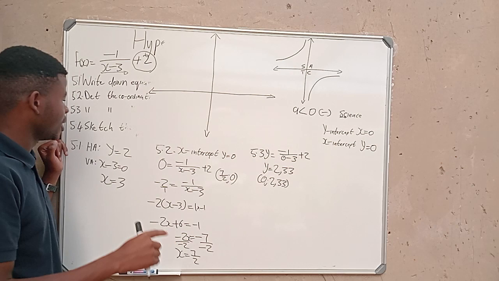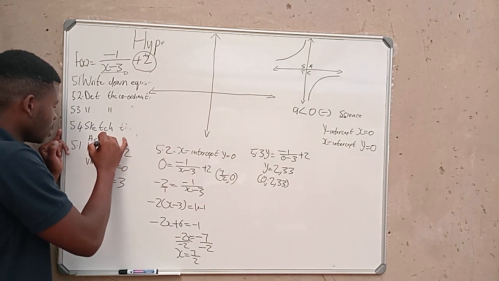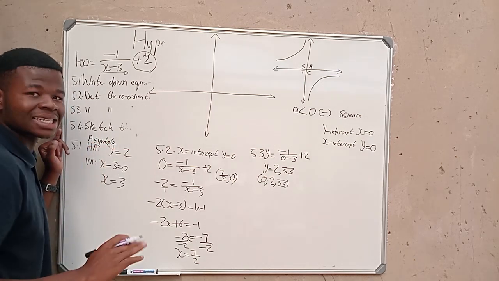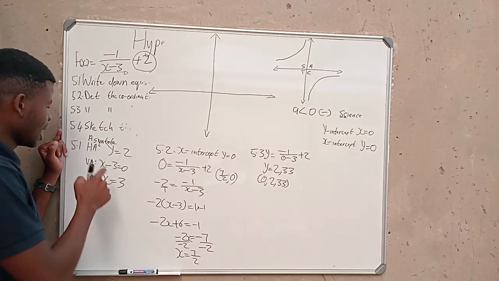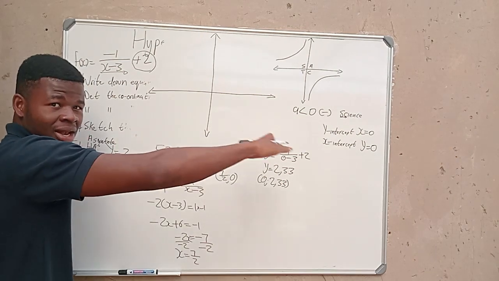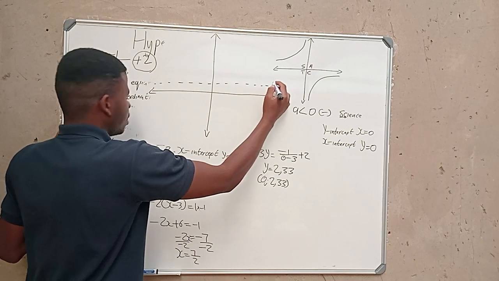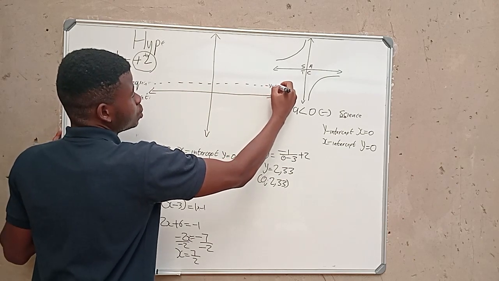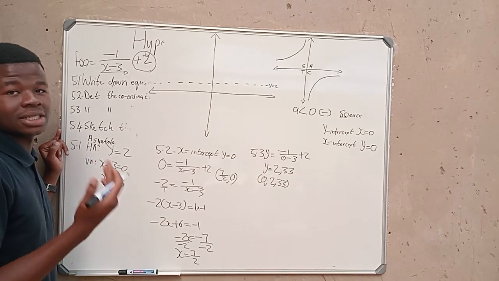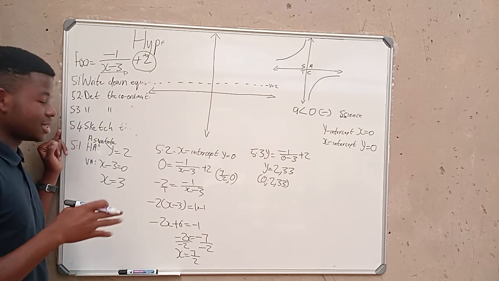After the Cartesian plane, you put the asymptotes. Horizontal asymptote: we sketch that line, then we indicate y is equal to 2, because the person who's going to mark you pretends like they don't know maths, so just try to accommodate them.